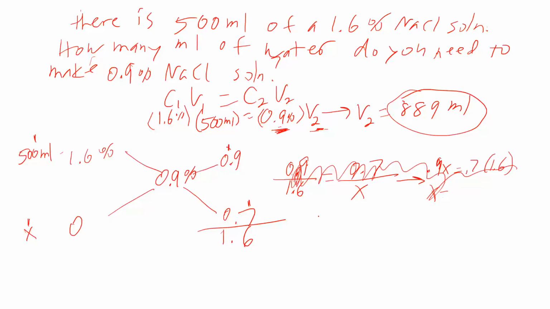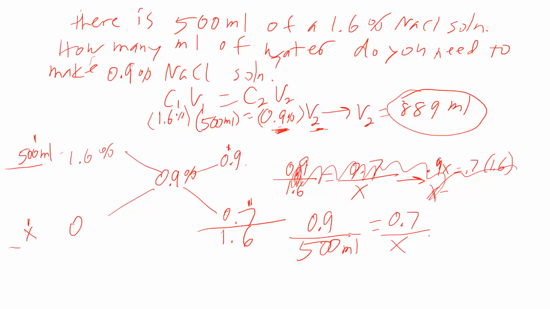I don't know why I did 1.6. It's 0.9 over 500, and that equals 0.7 over x. That's it. So 0.9 over 500 equals 0.7 over x.